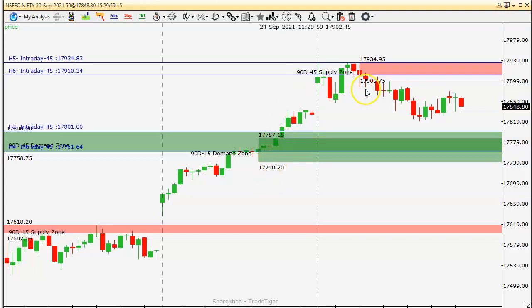And we will wait to take out the profits at 17,950 kind of levels. If the price goes to this area, then we can take out our profits.